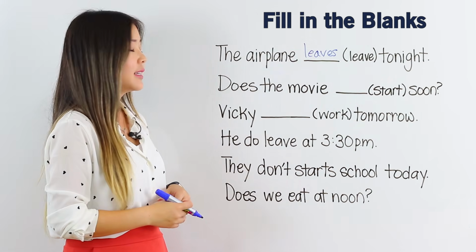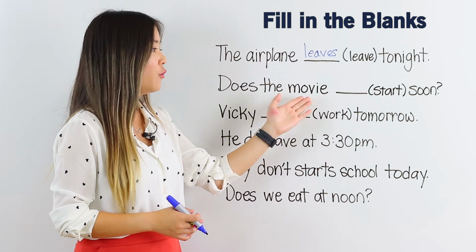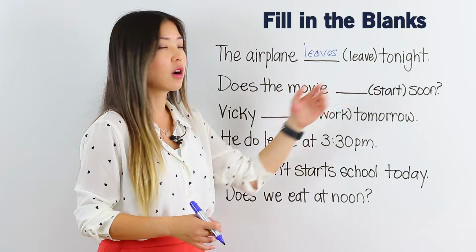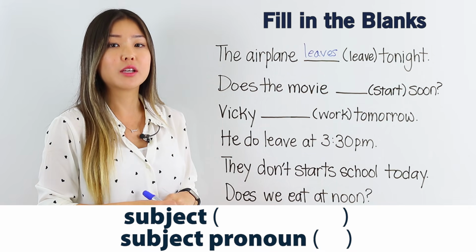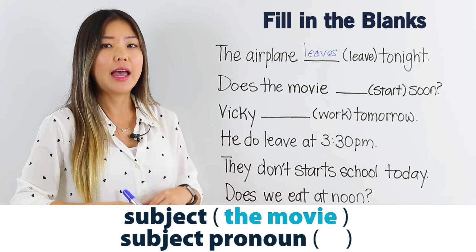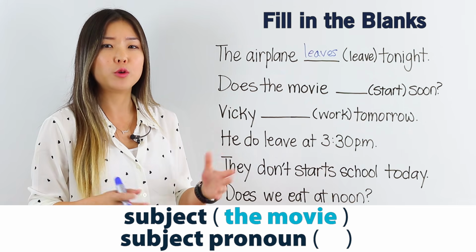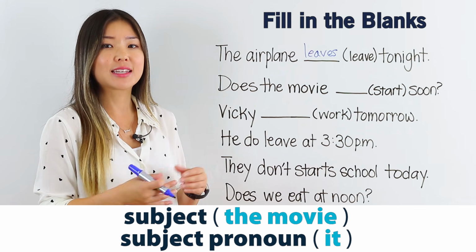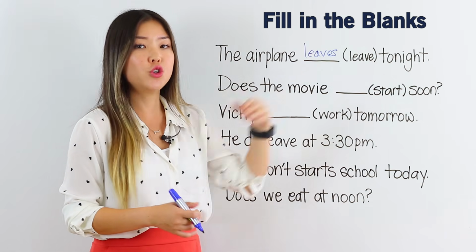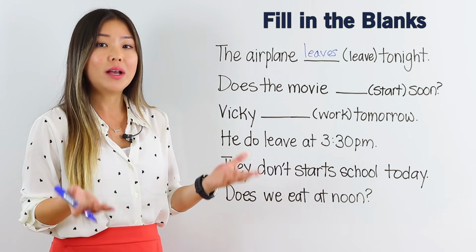In the second sentence, it says, does the movie blank soon? And we're using the verb start. What is the subject of this sentence? It's movie. And what subject pronoun do we use for movie? It's it. So it's like saying, does it start soon? Well, this is a question.